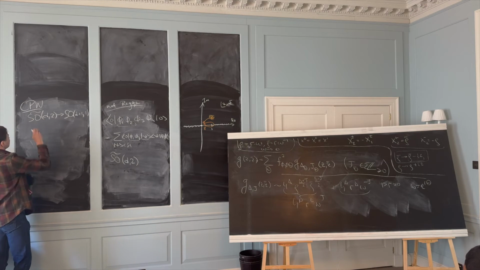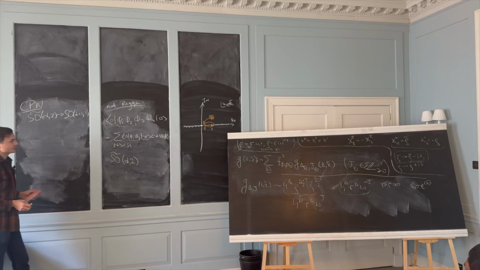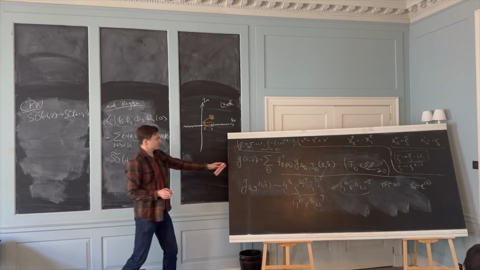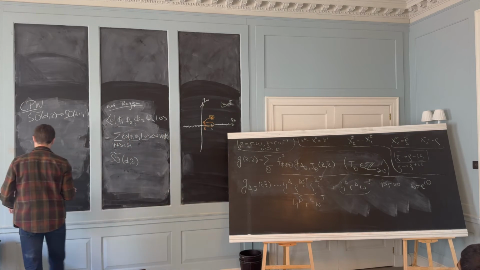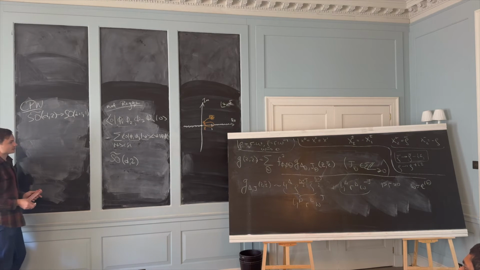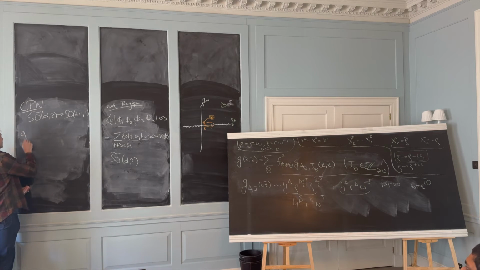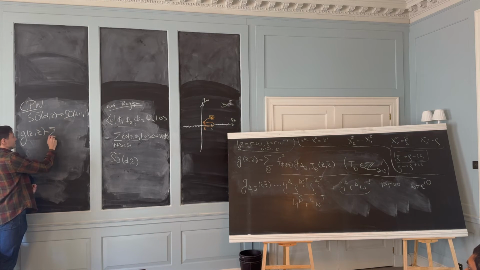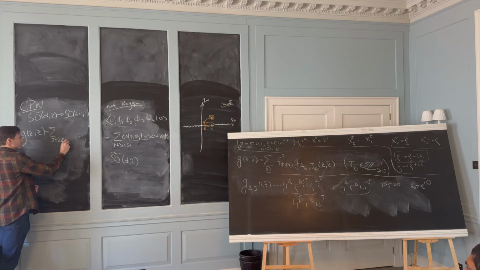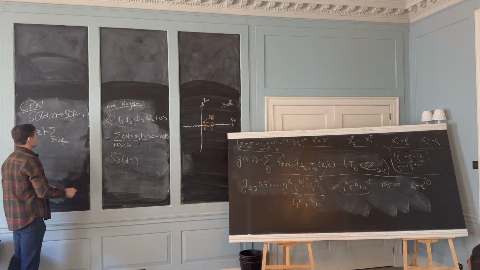So the way this conformal partial wave expansion looks is very similar to this, except that instead of a sum, we now have a sum and an integral. So for g of z, z bar, it gives this sort of form. We have a sum over spins j, and we're summing over even integers, because only even integers appeared in our formula.